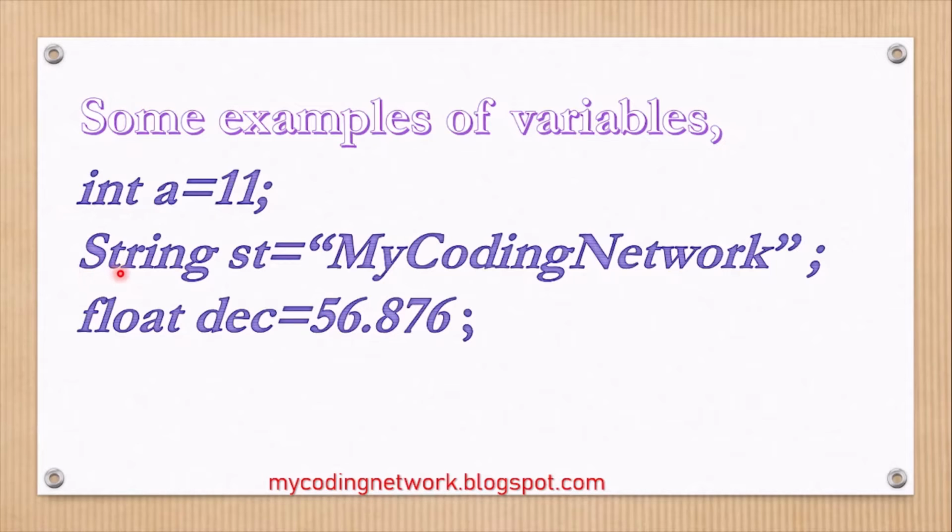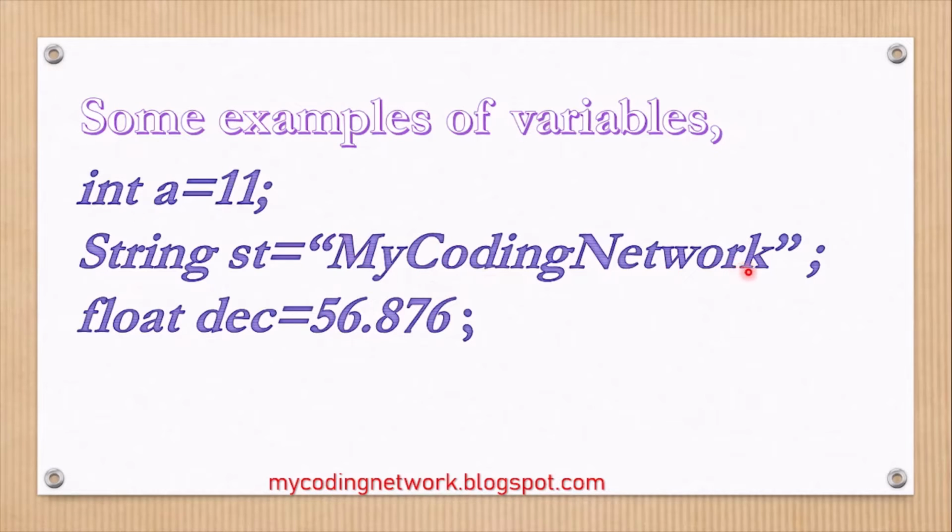If we take the second example, over here we have the data type String. The variable name we have kept is st, and the value which is going to be stored inside the variable is "my coding network". The String data type is usually used to store any combination of valid characters inside double quotes.